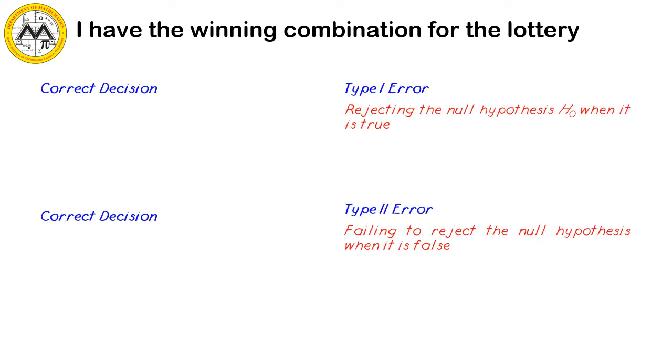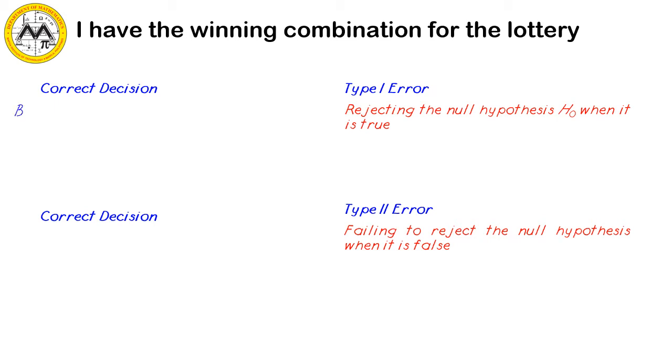So let's have some cases. I have the winning combination for the lottery. If you have the winning combination for the lottery, what would be a no error statement or a correct decision statement?